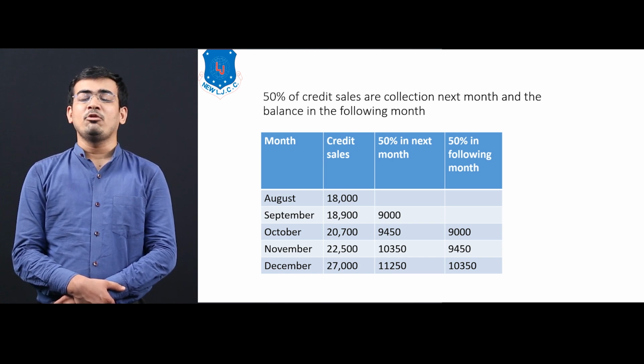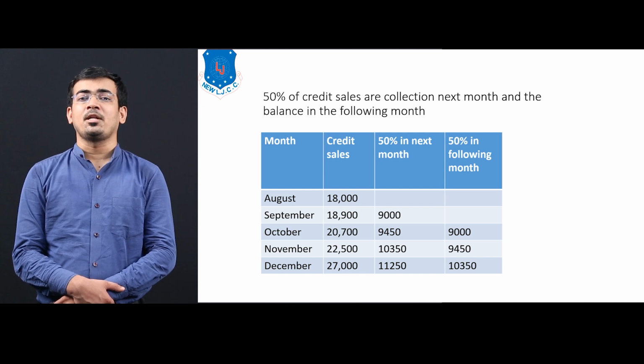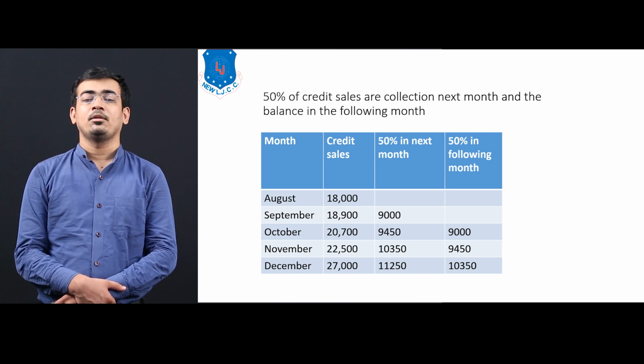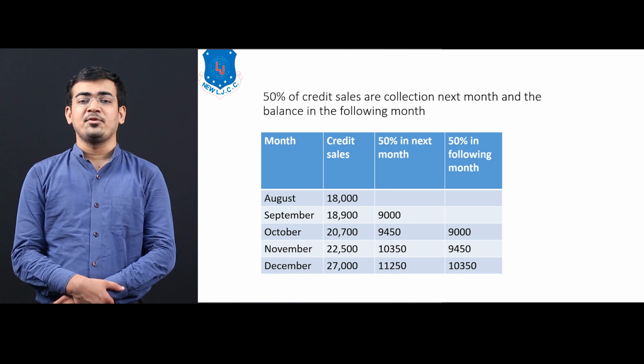Then we will calculate for all the months, from August to December. Then we have to decide the cash balance of the budgeted period, October to December. So we add 50% of the amount of the previous month and 50% of the month before that. In this table, we can see that in October we are actually receiving 9,450 and 9,000, that is 9,450 of September and 9,000 of August.